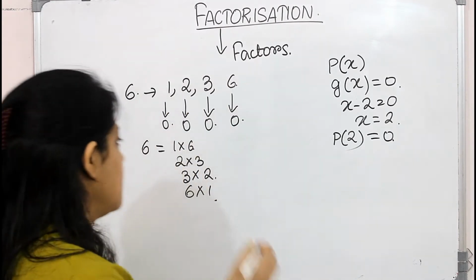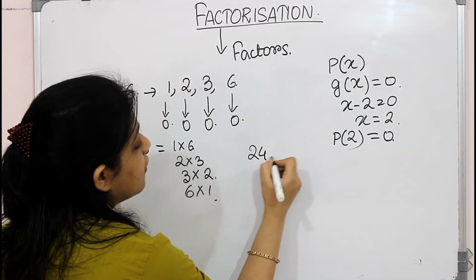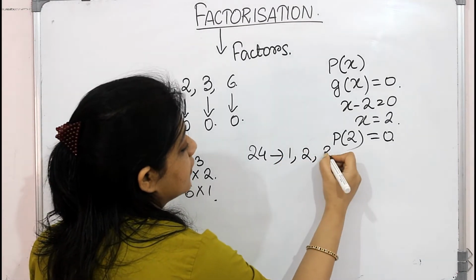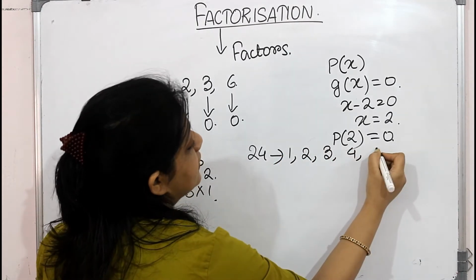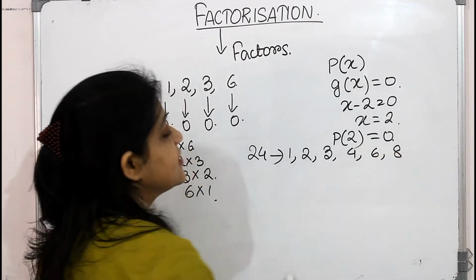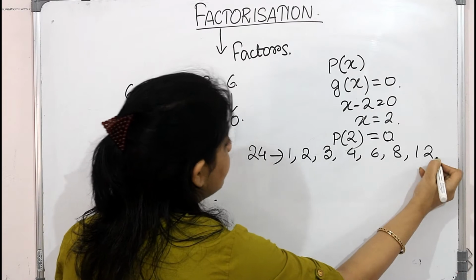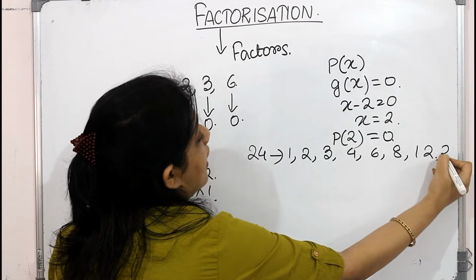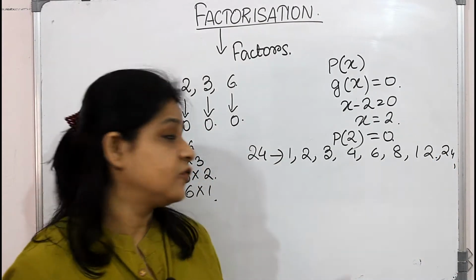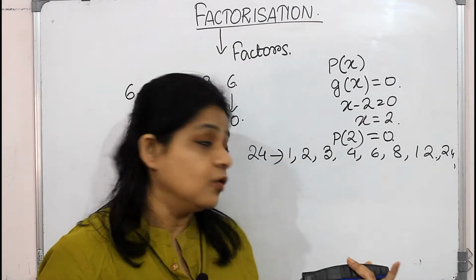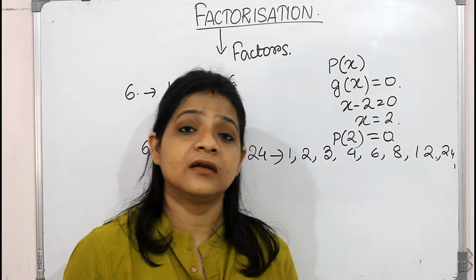Like 24, you tell me what are the factors of 24. I will say 1, 2, 3, 4, 6, 8, then 12, 24 are the factors of 24. 24 divided by 1, remainder is 0. 24 divided by 2, remainder is 0.